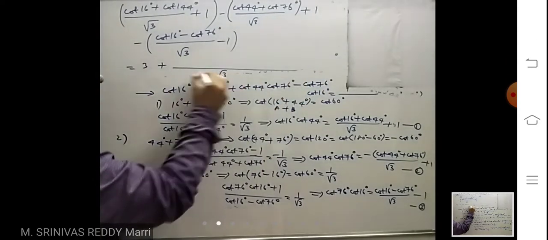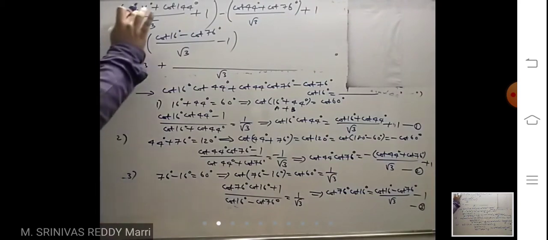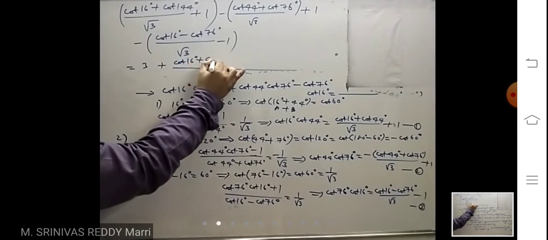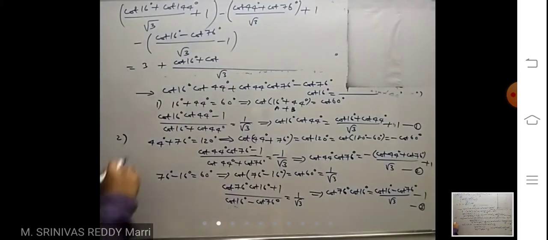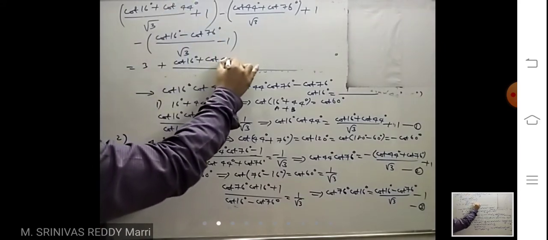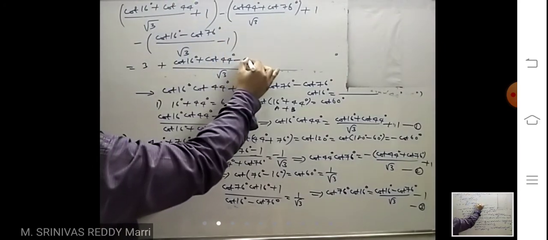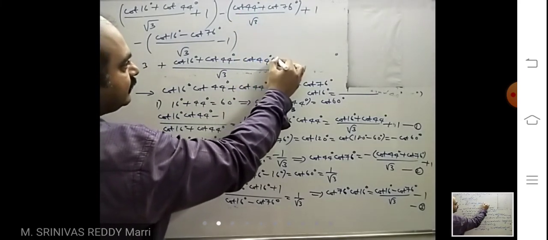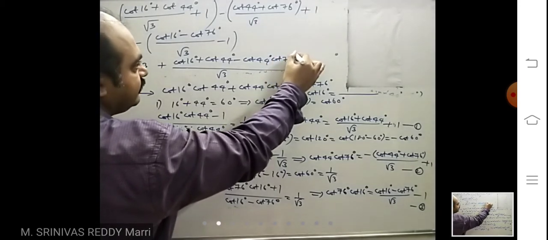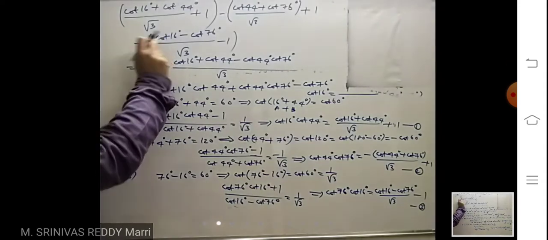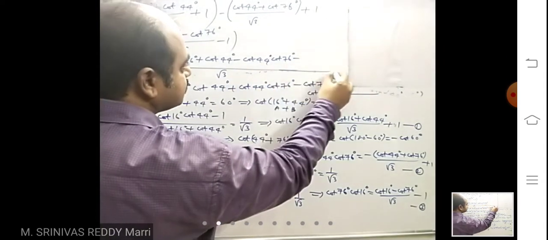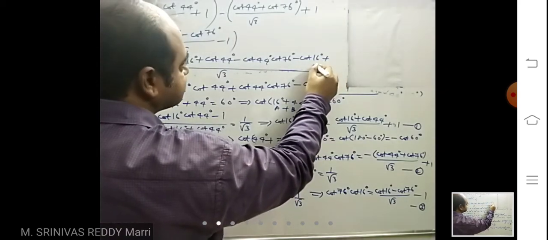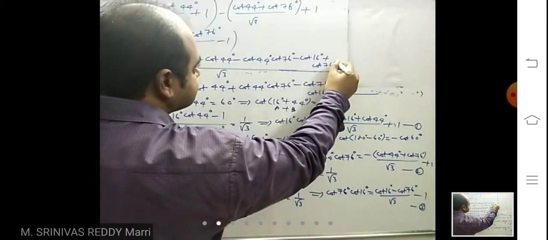Here what you will get? Cot 16 degree plus cot 44 degree, minus, multiply with minus, cot 44 degree plus cot 76 degree, and minus, multiply with minus, cot 16 degree plus cot 76 degree.